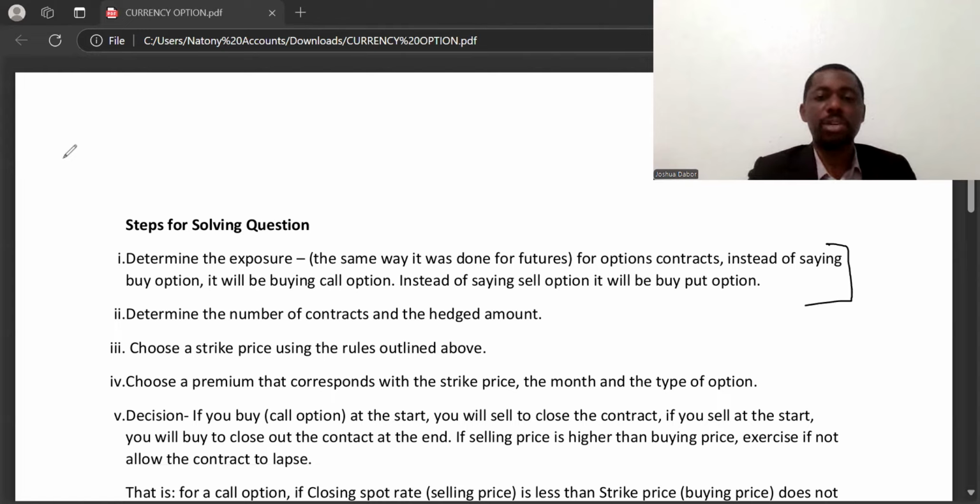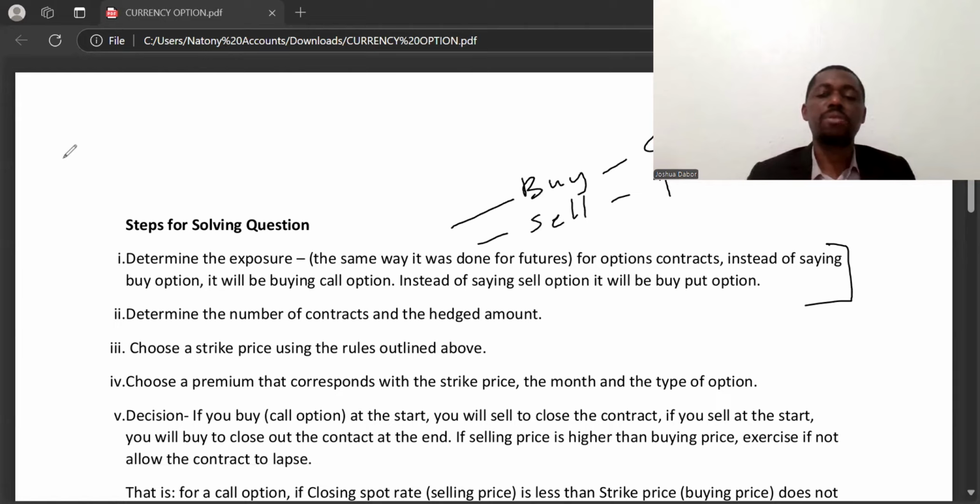But let me just still repeat it here: if you are buying, it's a call option. And what do you want to do when you are buying? If you are selling, it is a put option.